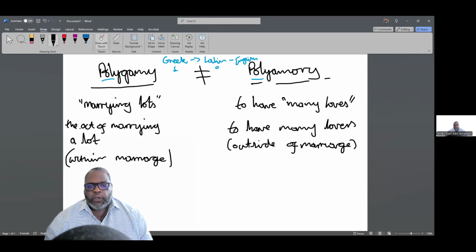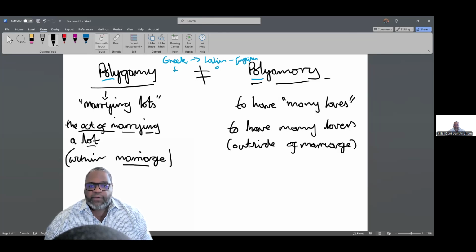So if you're a polygamist, you do the act of marrying a few times or many times, depending on what a lot means for you. And polygamy is not polygamy without marriage. So we're working with etymology and definitions for now. Polygamy, marrying lots. The optimal word here being marriage.